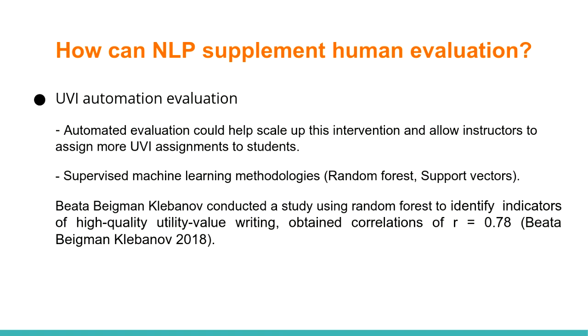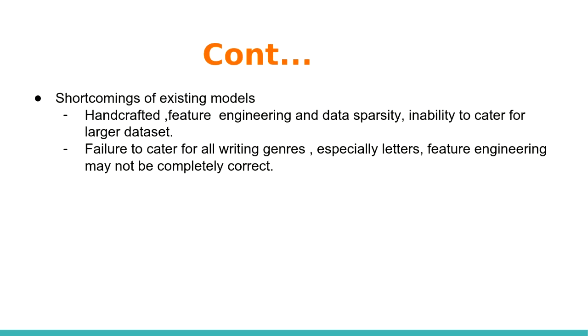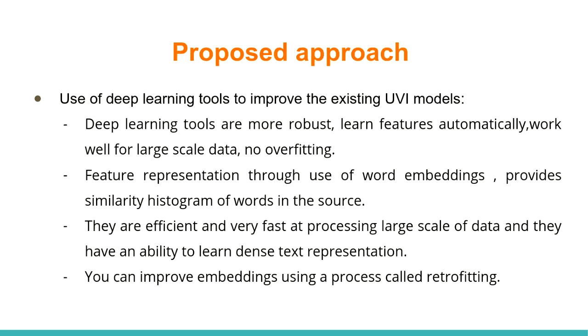So we are proposing to improve the existing machine learning models by introducing deep learning for natural language processing. This approach will improve the problem of scalability in terms of data, and in terms of data labeling, because with deep learning models the machine learns features automatically.